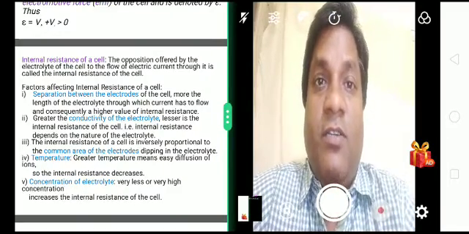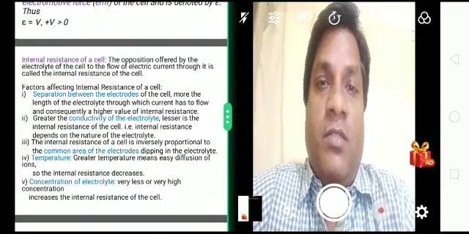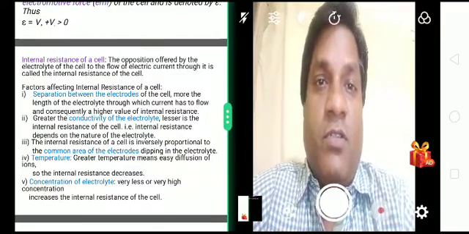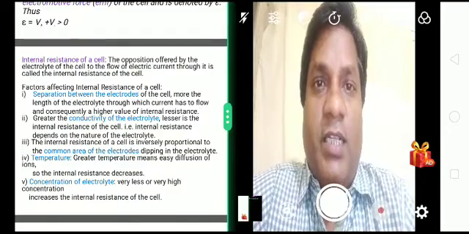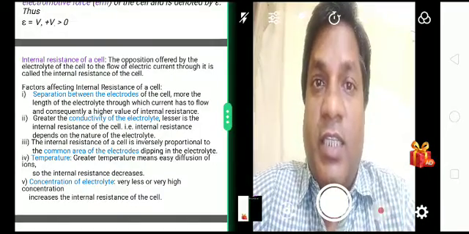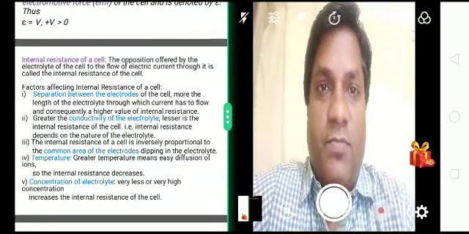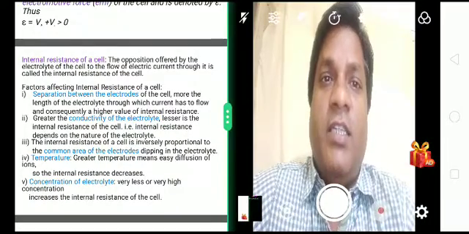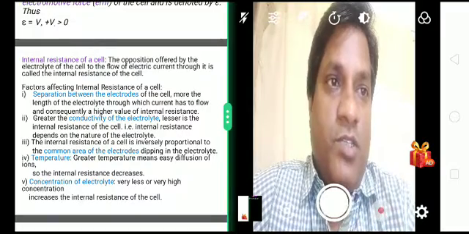This is in contrary to our common concept of temperature dependence of resistance of a good conductor. In metals, the resistance increases with increasing temperature. But in case of most of the cells, the internal resistance decreases with increasing temperature.